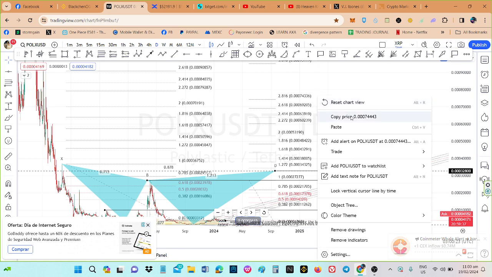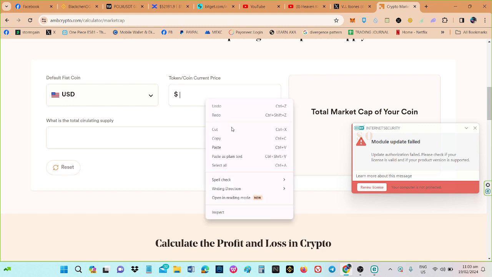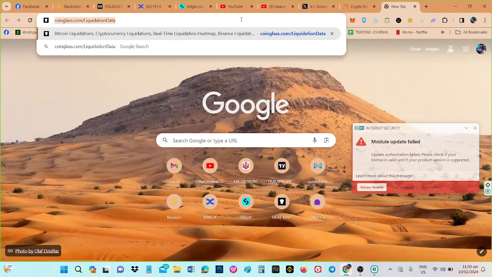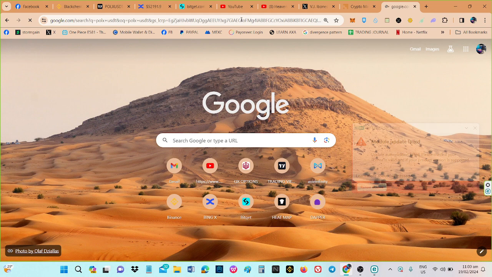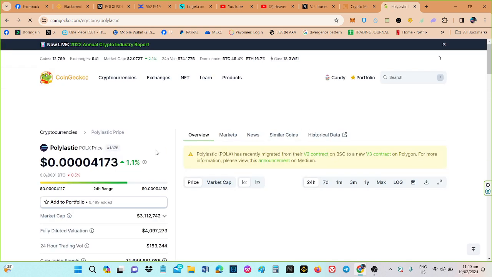This is 0.030, 0.00074. So let's copy this one and paste it in this area. Let's go to CoinGecko. Sorry, POLX USDT. Let's check.